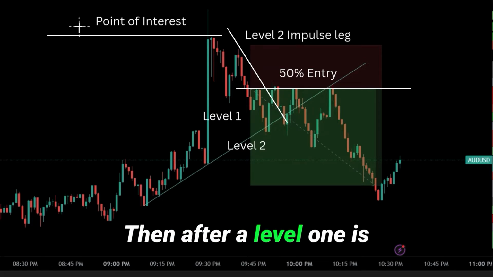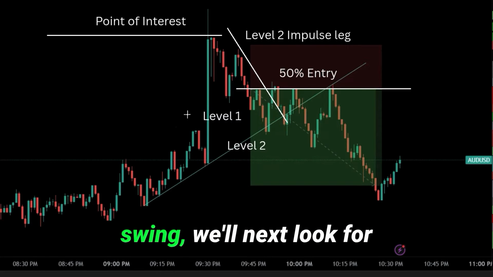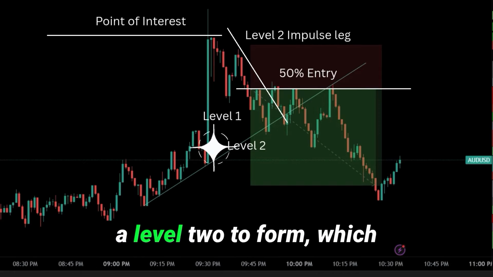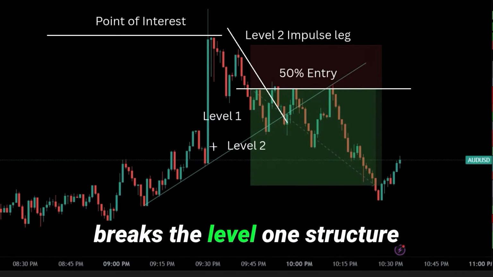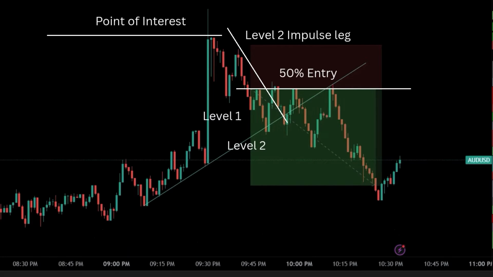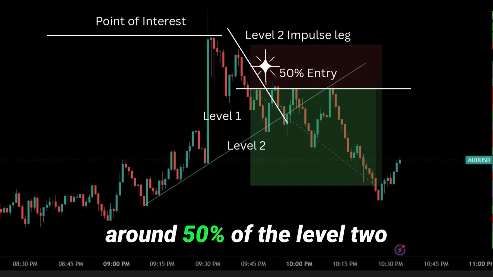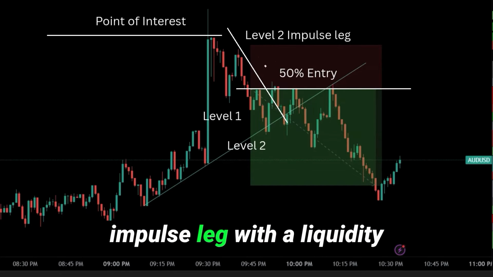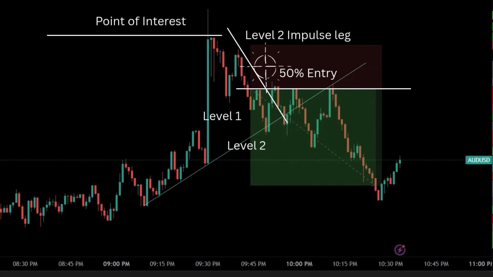Here's the breakdown. First, we'll look for a liquidity grab at a point of interest. Then, after a level 1 is created, which is a swing level that breaks a previous swing, we'll next look for a level 2 to form, which is another swing level that breaks the level 1 structure. For an entry, we're going to watch for price to retrace to around 50% of the level 2 impulse leg, with a liquidity grab or a price rebalance.